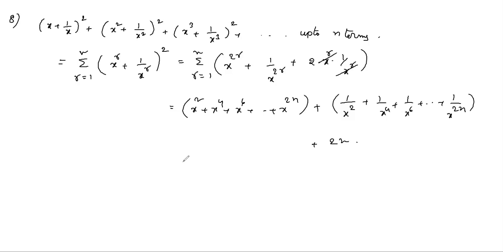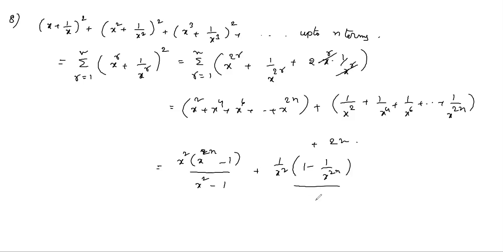First n terms of a GP, a into (r power n minus 1) by (r minus 1): x square into (x square whole power n minus 1) by (x square minus 1). Same for 1 by x square into (1 minus 1 by x power 2n) by (1 minus 1 by x square), plus 2n.